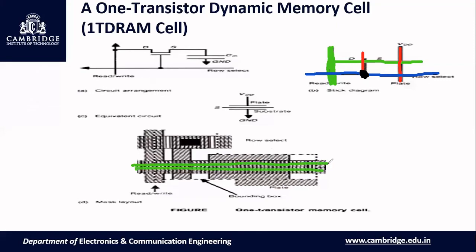I have drawn diffusion, and for diffusion we'll use green color. There is also another diffusion, again green. Here, n plus diffusion is connected to the read or write line.